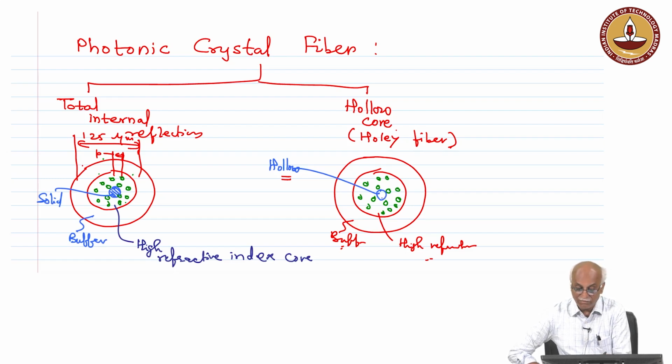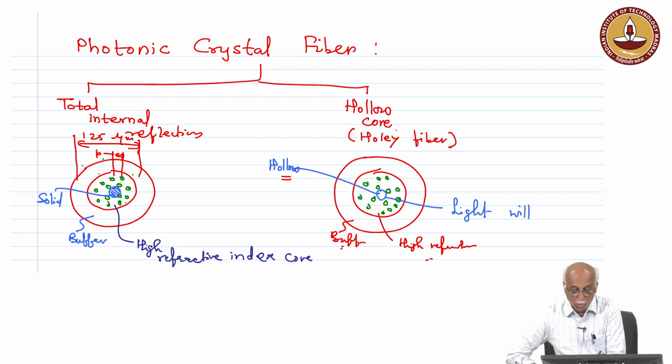Light will remain confined due to this photonic crystal fiber geometry. While propagating through this fiber, the light will remain confined in the hollow core region.